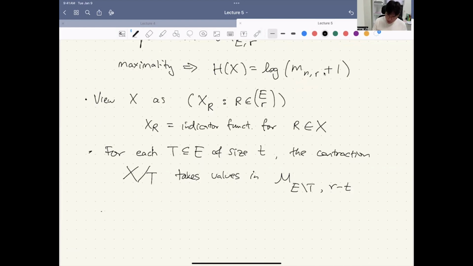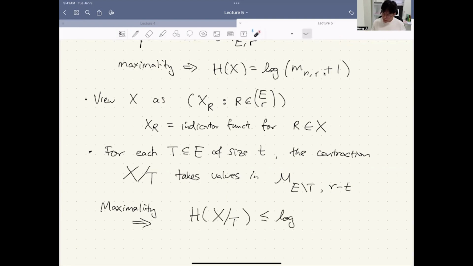So maximality, again, implies that the entropy of the random contraction is at most log of the cardinality of this family, which is nothing but M(n minus t, r minus t) plus 1. This is by maximality.